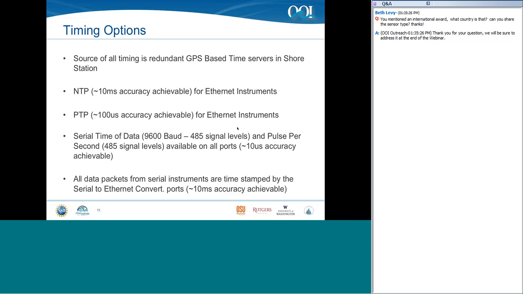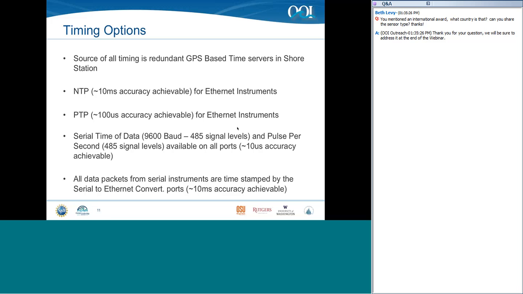So if someone does need very high accuracy timing for an Ethernet instrument, that is available. Right now, I don't think any instruments are using that. We have hydrophones that potentially could use it, but I don't think that any of them have actually used it.